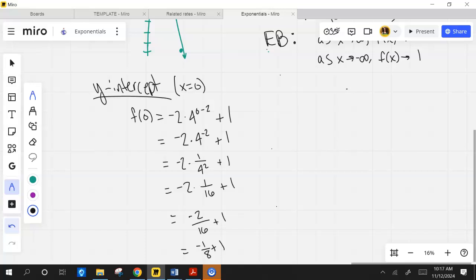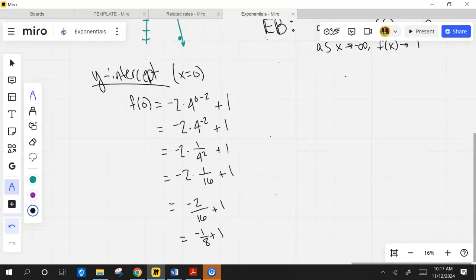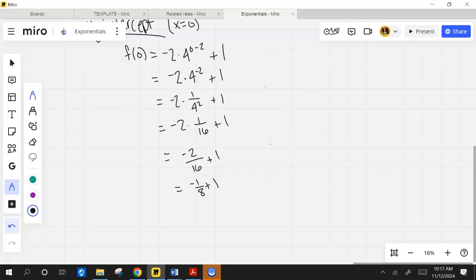How do I add those? 8 over 8. Same thing. And there's your y-intercept. So how am I finding a y-intercept again? Plug 0 into the x.